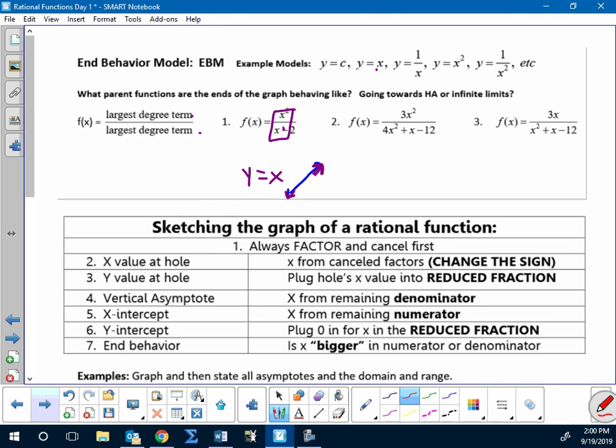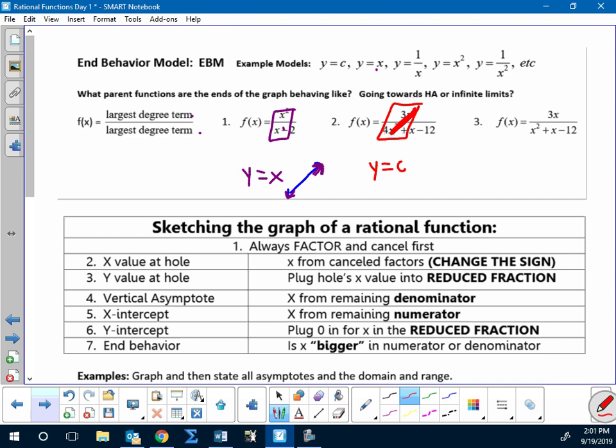Okay, so look at your highest exponent on the top and the bottom. If I divided x squared over x squared, I know there's a 3 and a 4 in the front. Ignore that for this. Okay? If you divided that, wouldn't your x squareds cancel? And if they did cancel, your end behavior model is y equals c. Okay, the c doesn't stand for cancel, but it kind of makes sense.